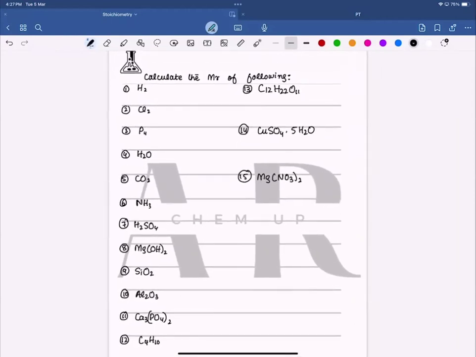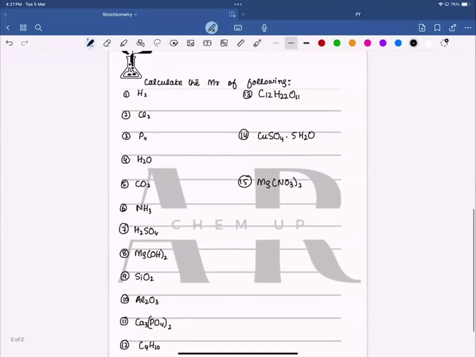Is this readable to all of you? Is it visible? Okay, so I'm writing the AR values over here. Carbon is 12. Hydrogen is 1. Chlorine is 35.5. Nitrogen is 14. And everyone must have a periodic table from the next class.